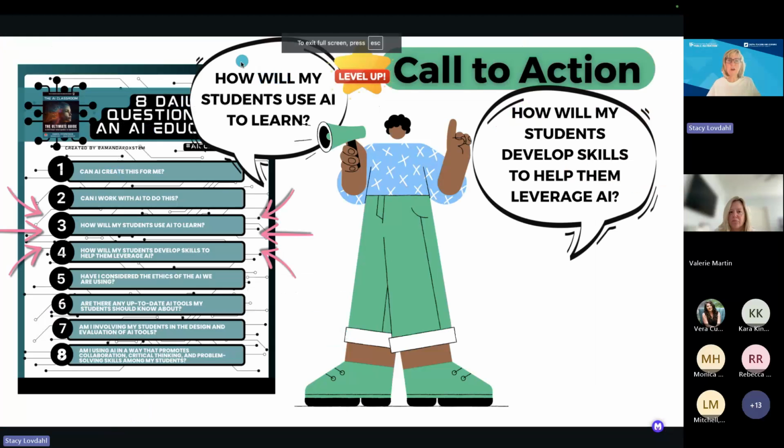I always end my sessions with a call to action about how you can use AI with your students to learn, and how your students are going to be using AI to develop the skills that they need to be successful, especially in terms of AI literacy.